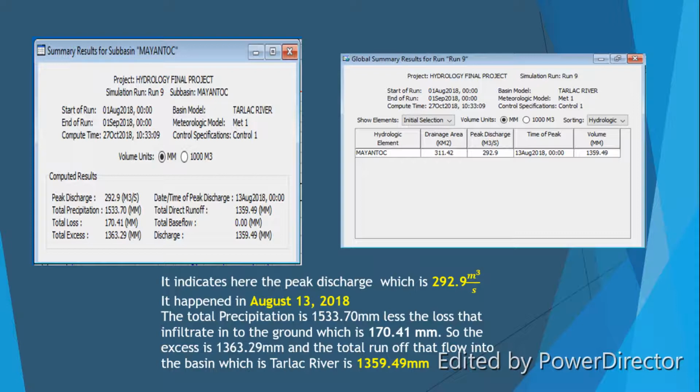So the excess is 1,363.29 millimeters, and the total runoff that flows into the basin, which is the Tarlac River, is 1,359.49 millimeters.